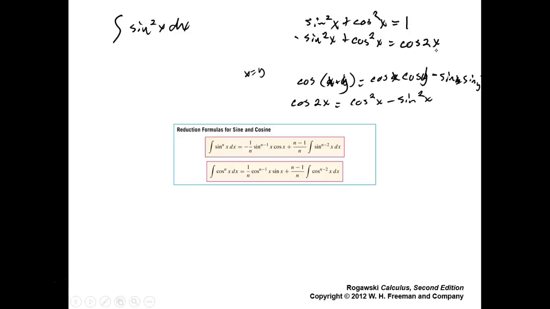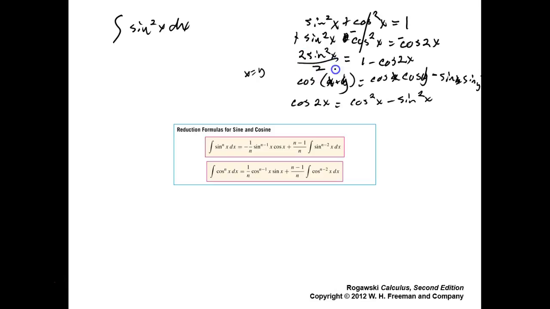Wouldn't that be true? Now, let's subtract the bottom one from the top one, right? In other words, change signs and add. Make that minus and that minus. Now you get 2 sine squared x. These go to 0. Is equal to 1 minus cosine 2x.